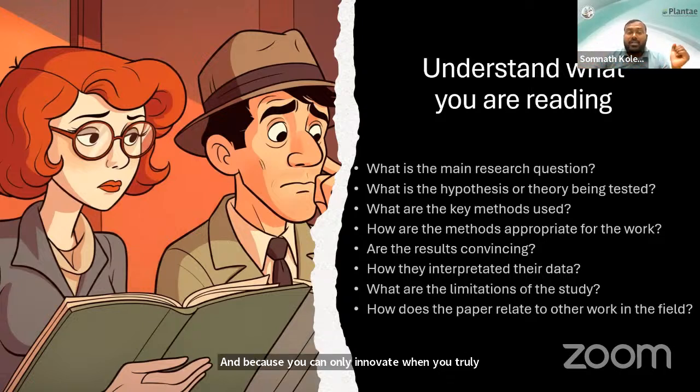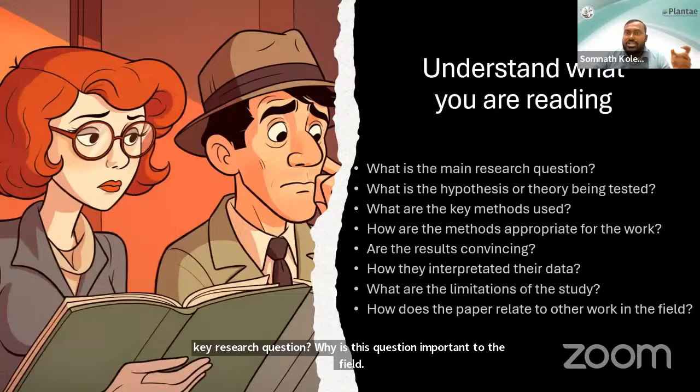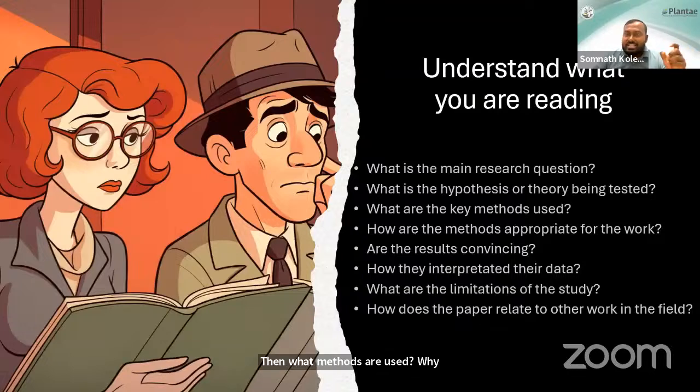For example, when you read a scientific paper, it's not enough to go through it passively, not enough just to know the findings. You need to actively think about different questions, like what is the key research question? Why is this question important to the field? Then what methods were used? Why are these methods appropriate to answer these biological questions?